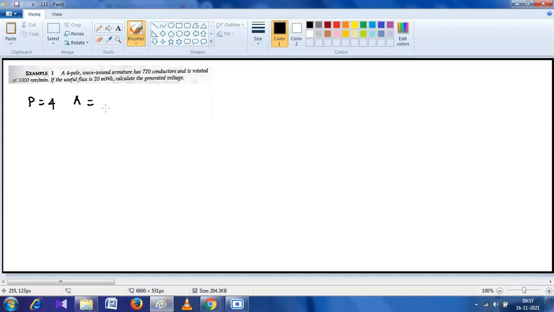So if a machine is wave wound, then tell me the value of A. That means the number of parallel paths between two brushes.